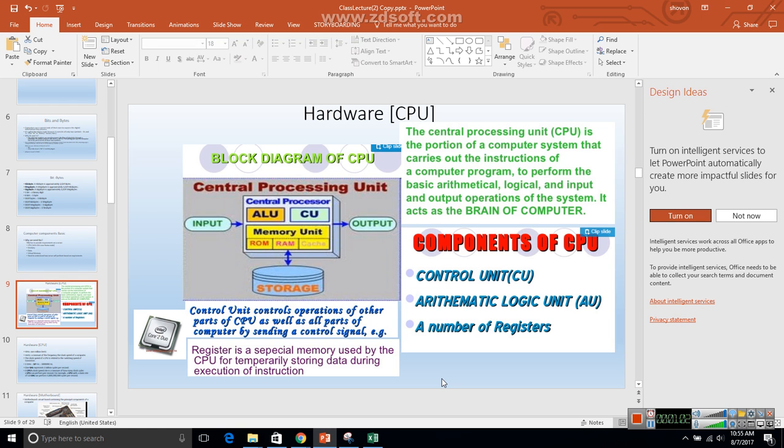It has two units basically. One is the arithmetic logic unit. It does all the mathematics, the arithmetic activities like addition and subtraction, and it deals with, as I said, binary values, and returns binary values as well.